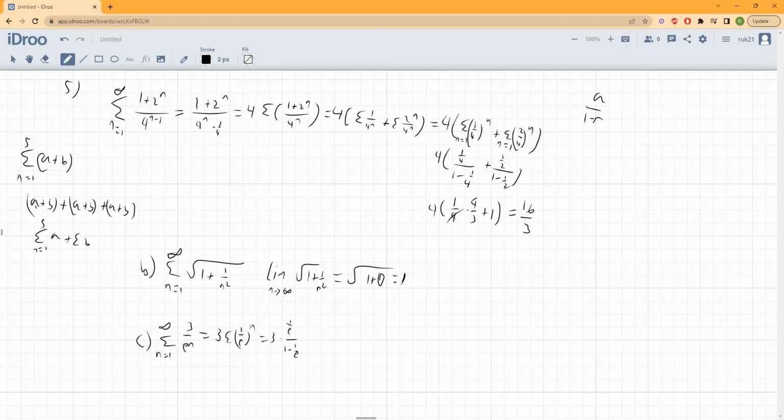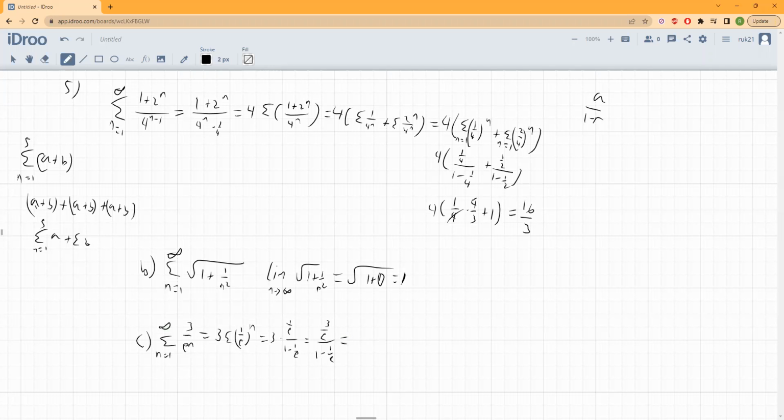And then that is going to equal, so an easier way to think about it is on the top, it's going to be 3 over e, over 1 minus 1 over e.